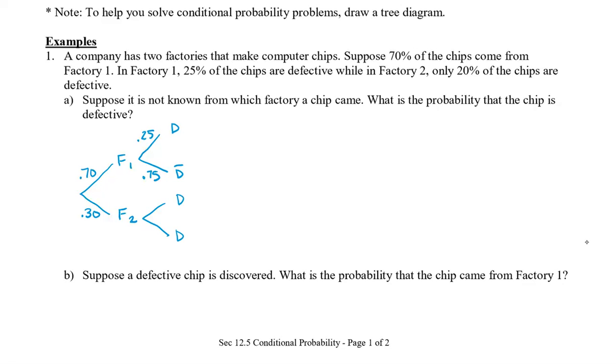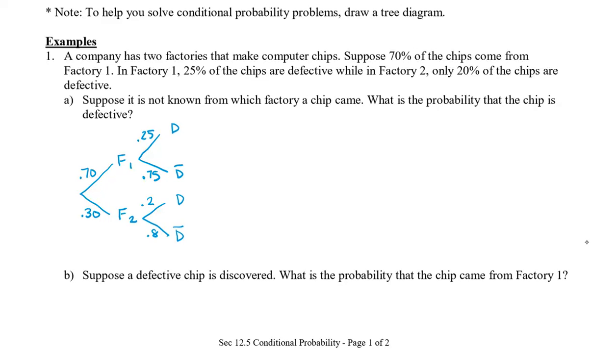So D and D with a line, the complement. So you have 0.2 and 0.8. Now, suppose it is not known from which factory a chip came from. So the question is, what is the probability that the chip is defective?